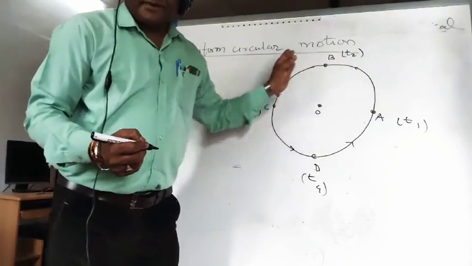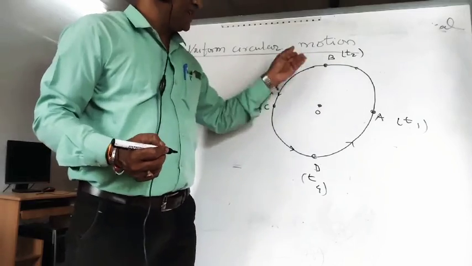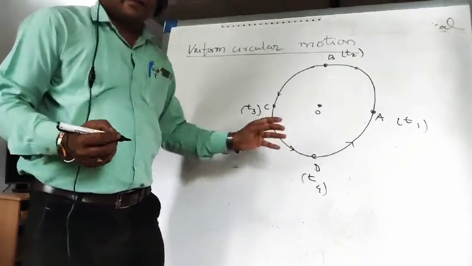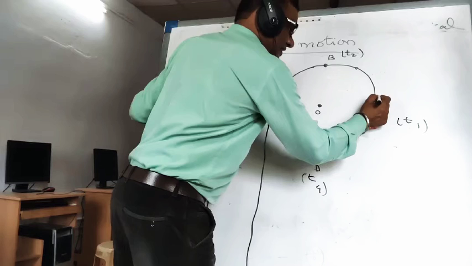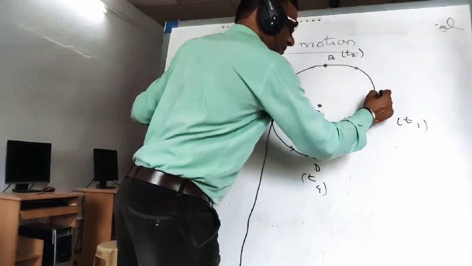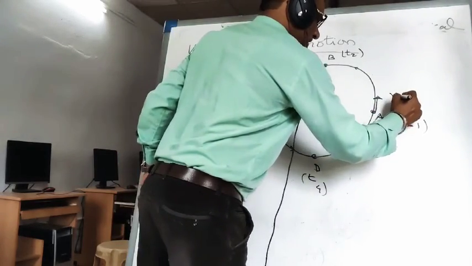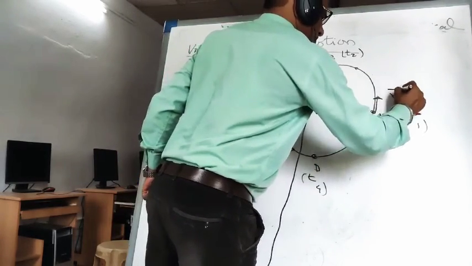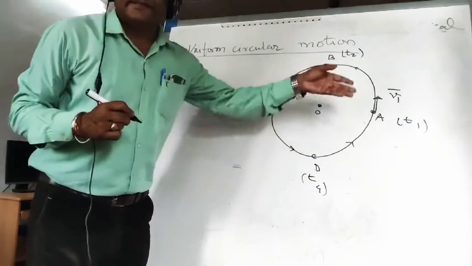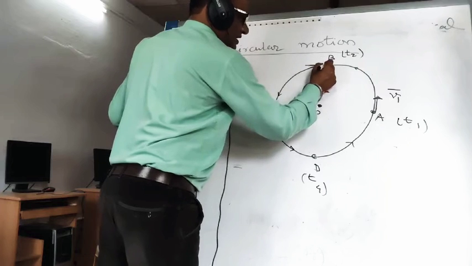Now, can you show the direction of velocity at A, B, C and D? The direction of velocity at A can be known by drawing the tangent at point A. That velocity is represented by V1. Can I put a bar over it? That indicates it is a vector. Now, what is the direction of velocity at point B?